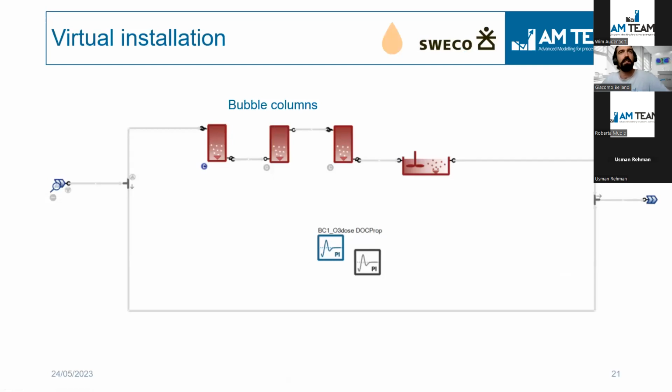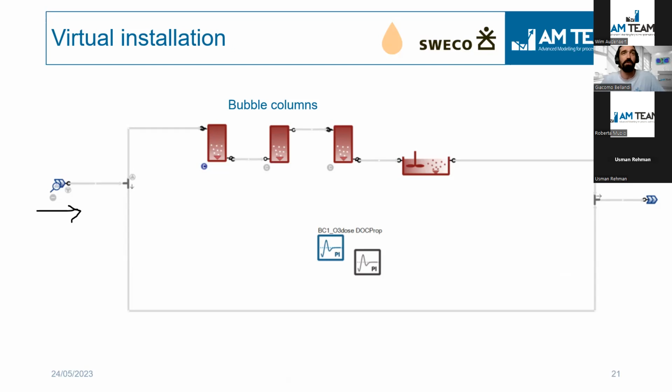Now, when the data are available, we feed the model with fixed steady state conditions or dynamic conditions, and the mechanistic model is behind what we call the virtual installation.